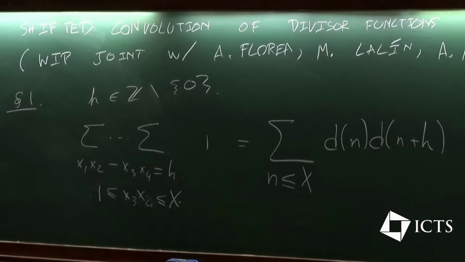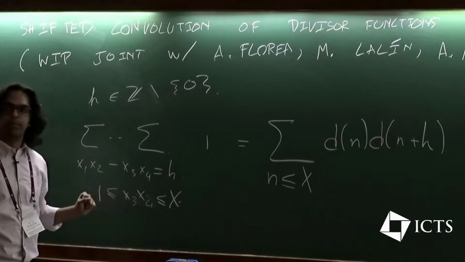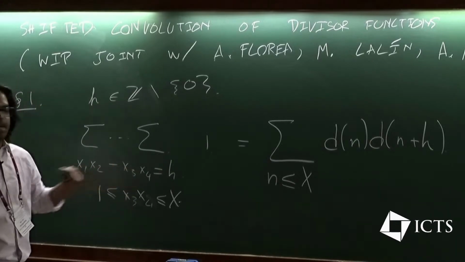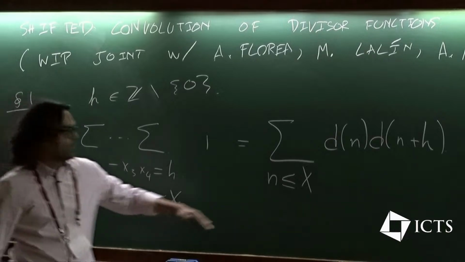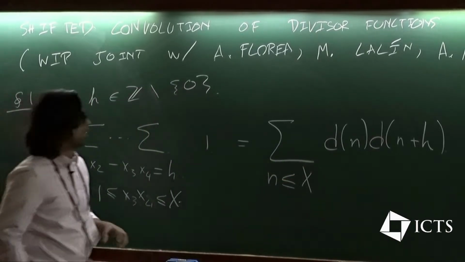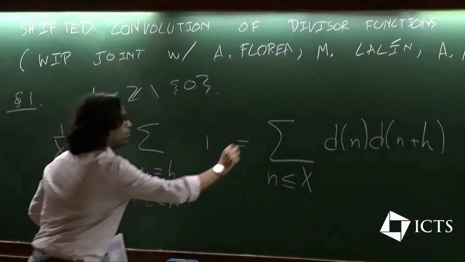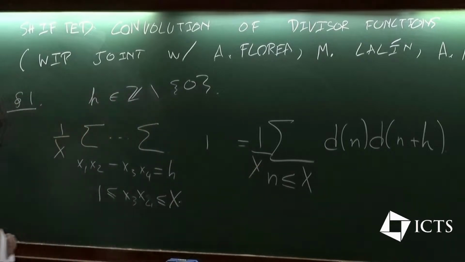Here I'm writing n equals x3, x4. So the summation variable is 1 through x, and x1, x2 becomes n plus h. So the number of solutions is exactly this quantity. You should think of this as a correlation. I'm going to maybe divide by 1 over x, so that this is like an expectation of some quantity.